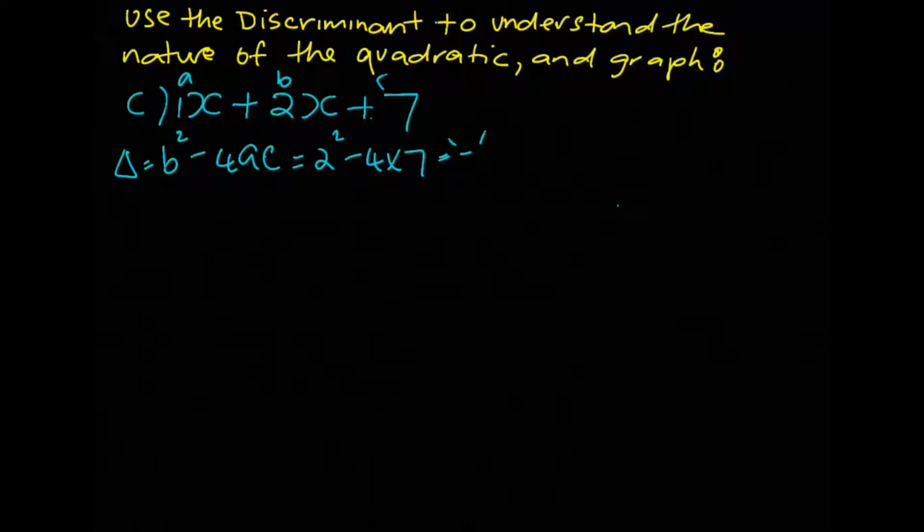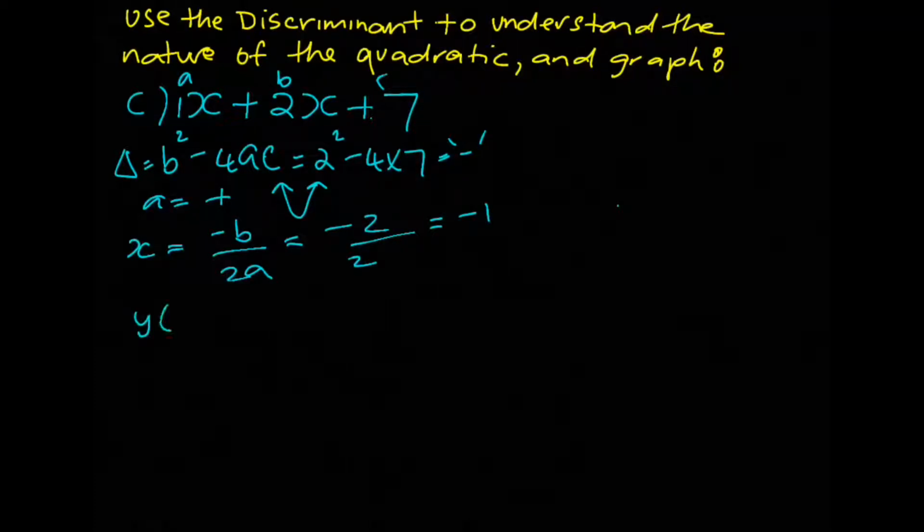Now let's look at A. A is positive, so therefore it's going to be that shape rather than that shape. We can find the coordinates of the turning point, so let's go x equals negative b on 2a. That is negative 2 on 2 equals negative 1, and y of negative 1 equals negative 1 minus 2 plus 7, which equals 4.